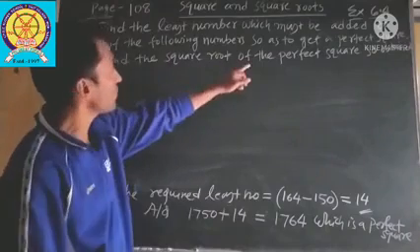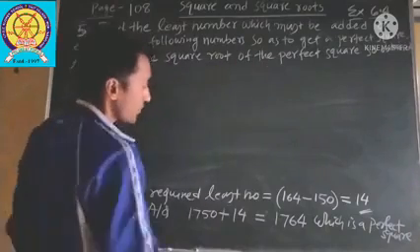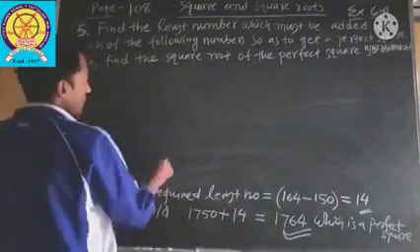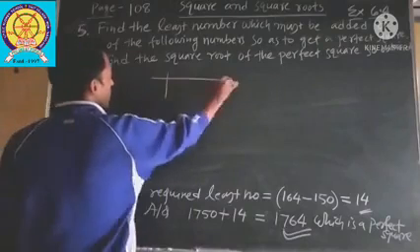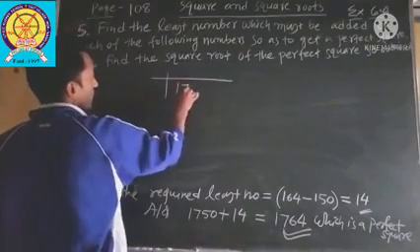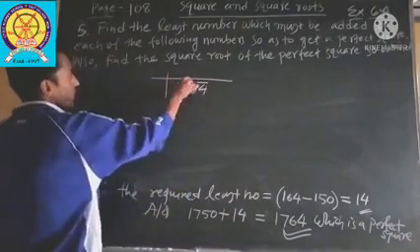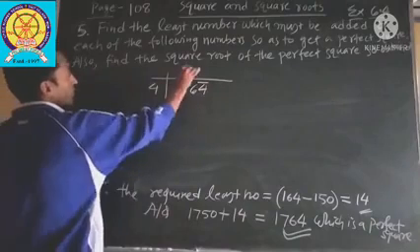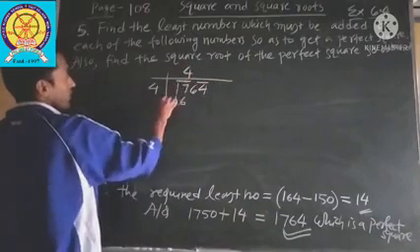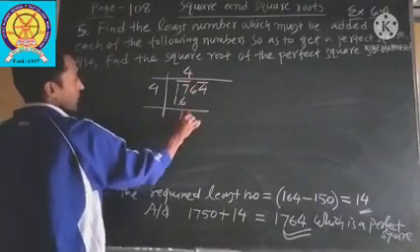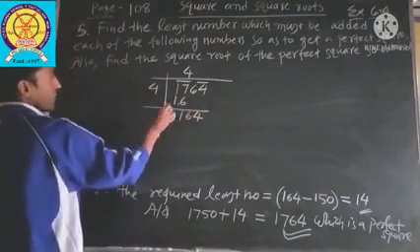You see the next part of the question: also find the square root of the perfect square. We get the perfect square number 1764, so you have to find the square root of 1764. You make pairs. 4 4s are 16. 17 minus 16 is 1. Now you bring down the next pair.